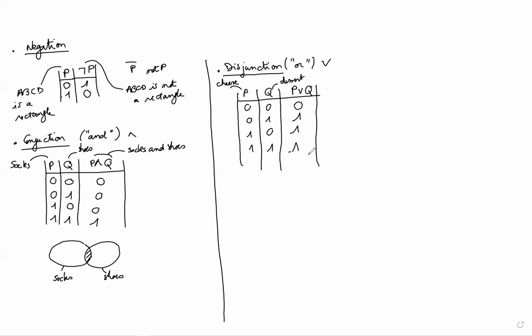Now, what is a conditional? A conditional is if then. So P, Q, if P, then Q. This will be, it's sunny.